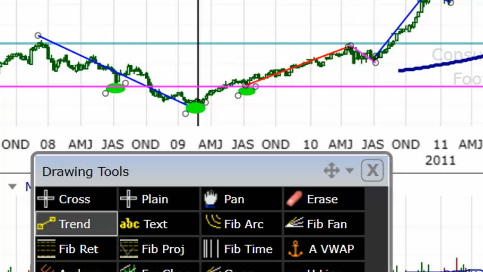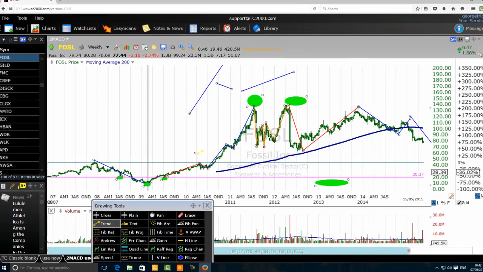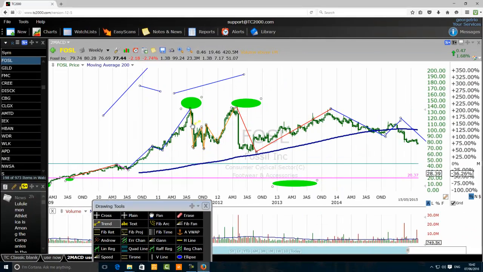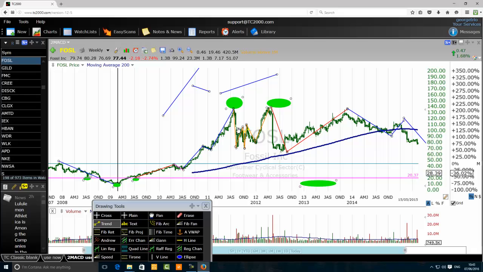This fifth wave looks more like an ending diagonal to me, because of the reaction of the price. See how the price dropped down fast. Gap here also fast. But that's another story. So after waves 1, 2, 3, 4, 5, hold on please.